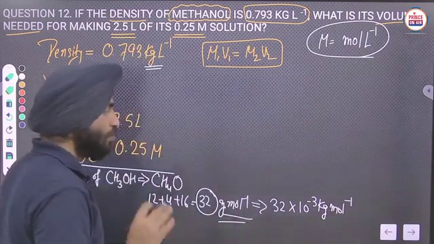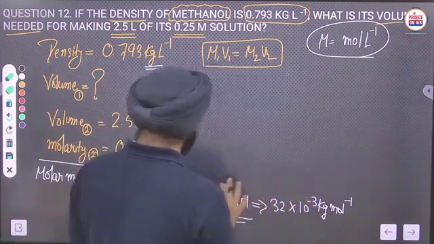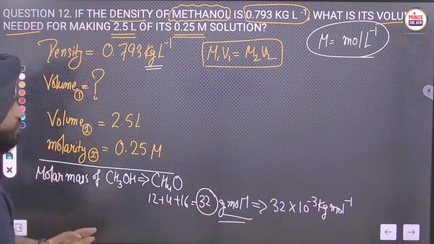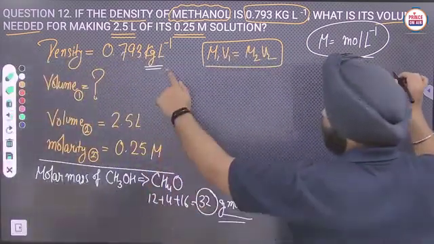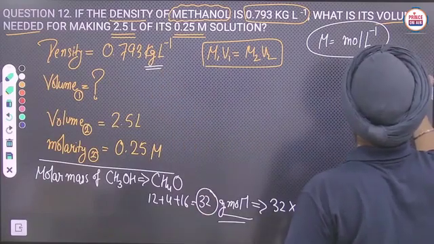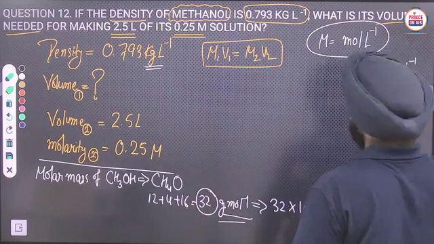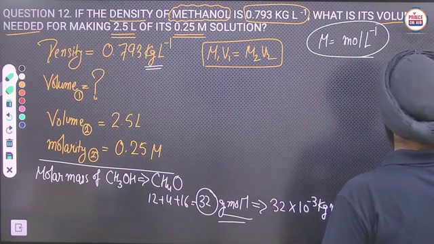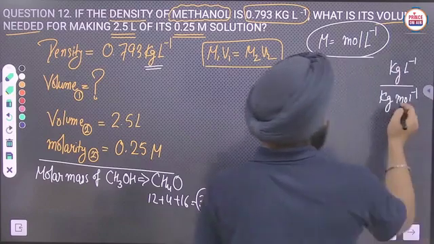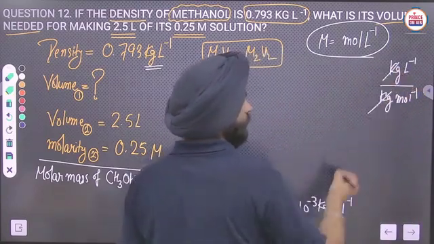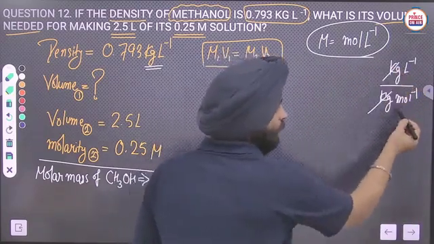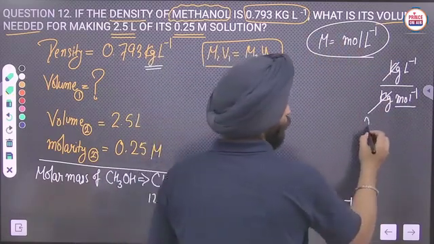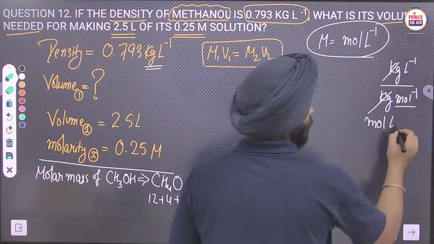If you divide the density, whose unit is kilogram per liter, by the molar mass, whose unit is kilogram per mole, kilogram will cancel with kilogram, the mole goes upside, and it forms mole per liter.